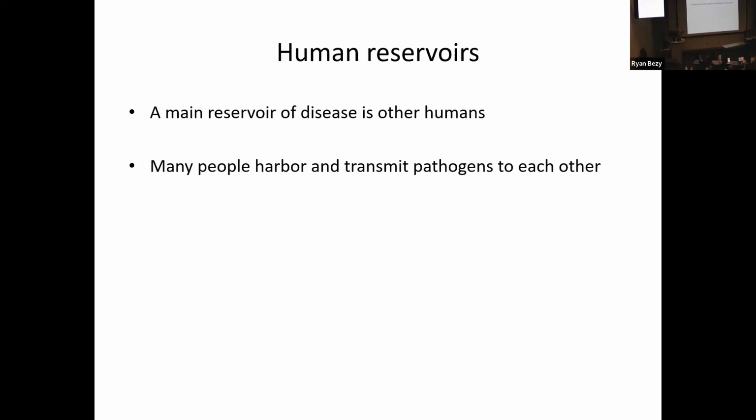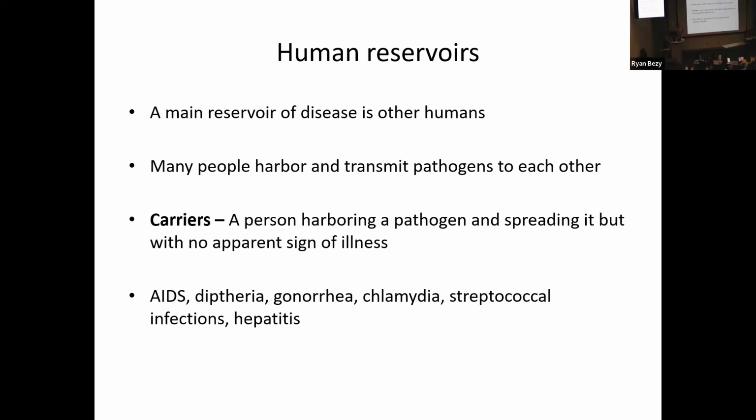Now, with reservoirs, a main reservoir of disease is other humans. Sick, infected humans will spread disease to other humans. Many people harbor and transmit pathogens to other people. And this is the most common reservoir of human disease, is other humans.